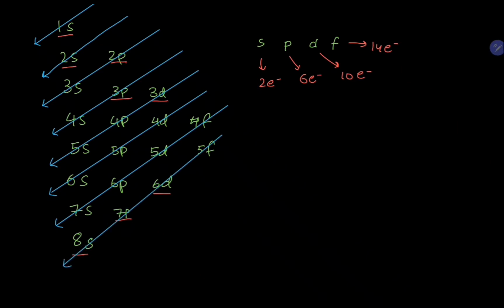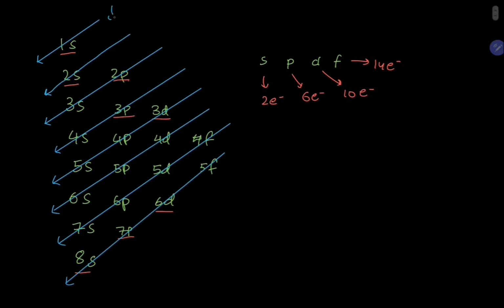So now, why are these lines important? First we have drawn this line, second this line, third, and so on. So now you can see that first we draw a line on 1s.